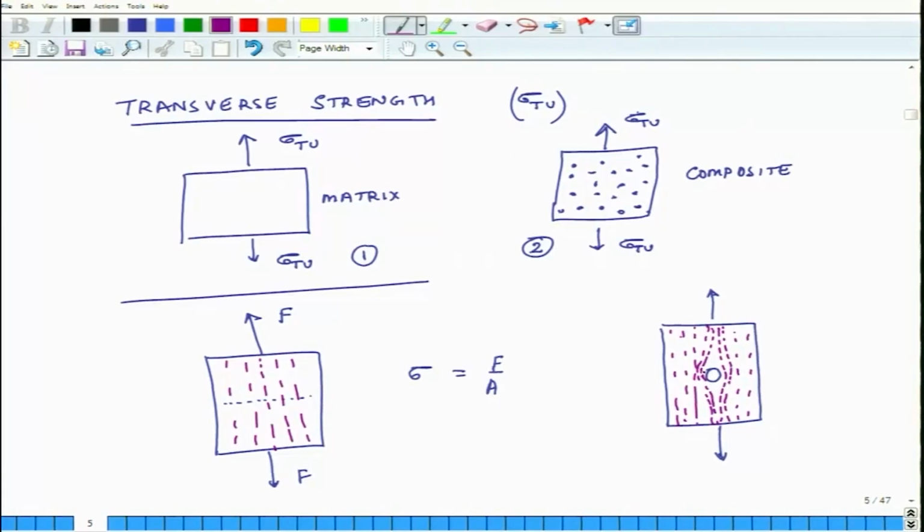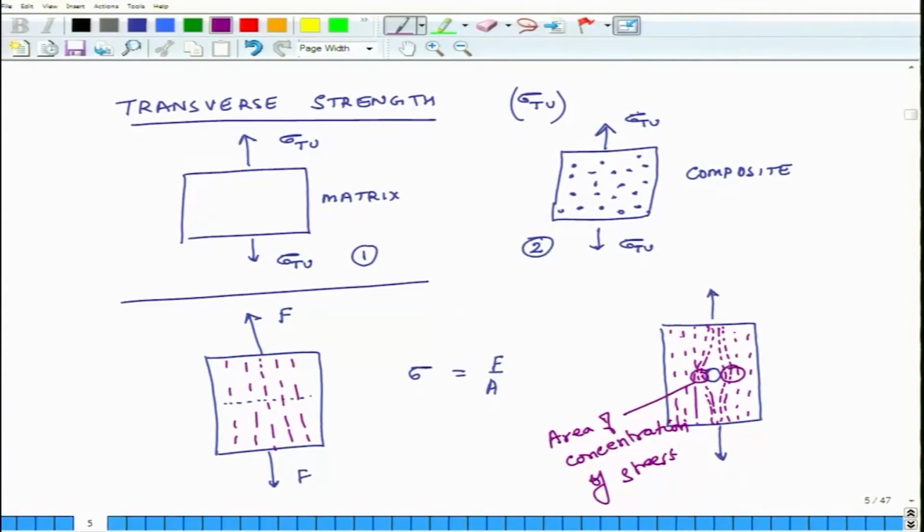So, the stress lines get concentrated in this area of concentration of stress. Same thing is happening in this zone also.